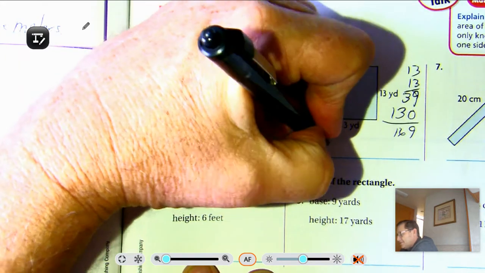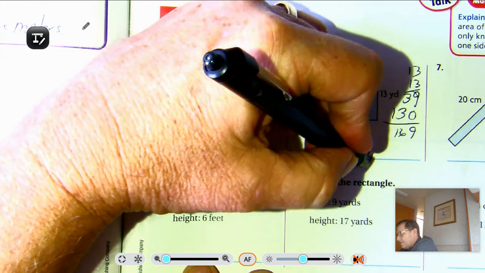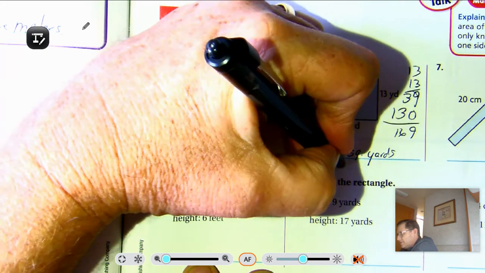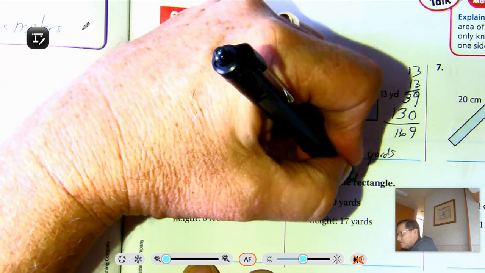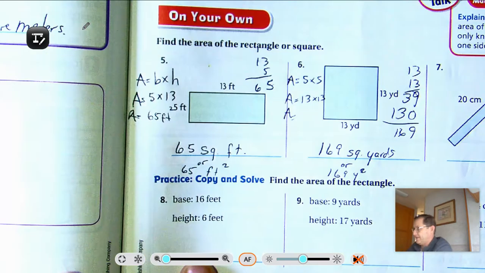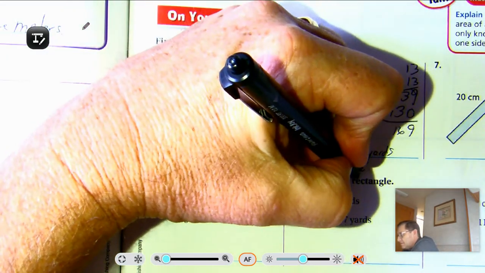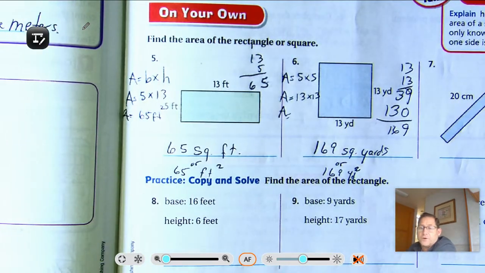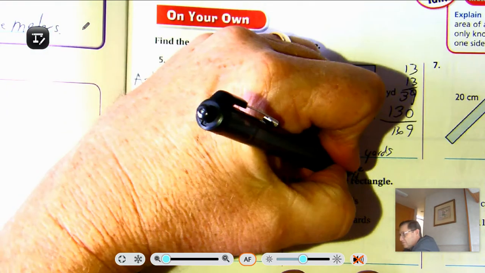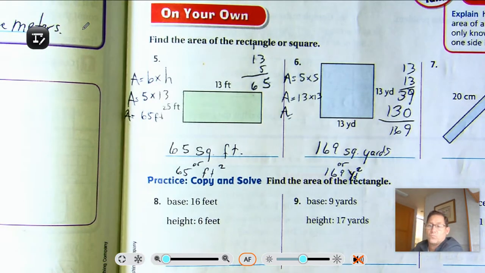So 169 square yards, or you'll see it as yards squared. That sort of looks like a 4. Okay, yards squared.